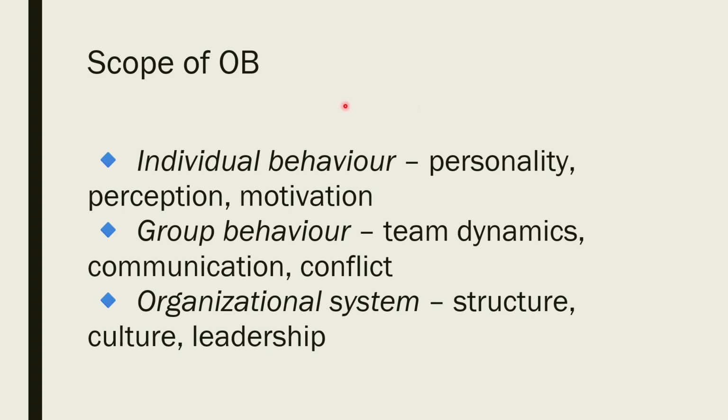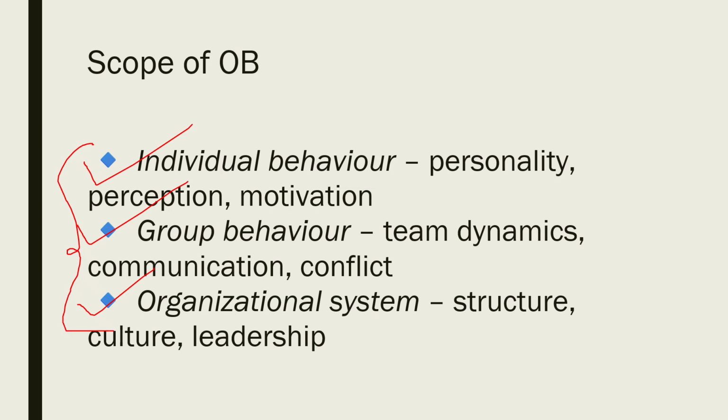Coming on to the scope of organizational behavior, the scope of OB covers three main levels. One is the individual level, the other one is the group behavior, and the third one is the organizational system. In fact, the entire syllabus covers these three behaviors.